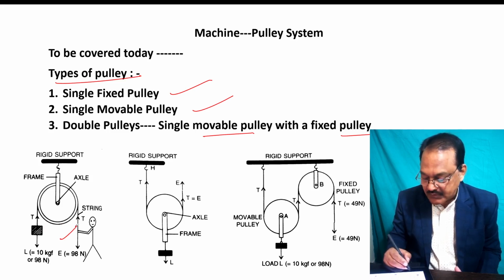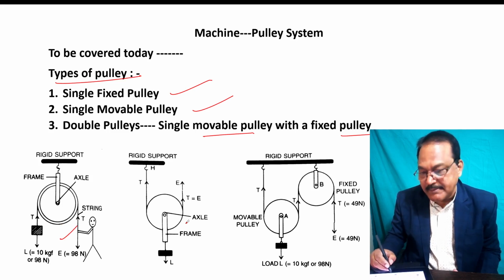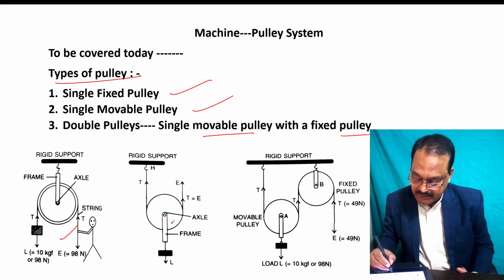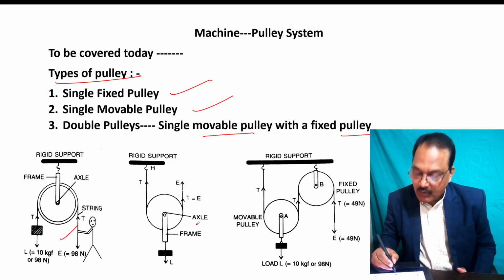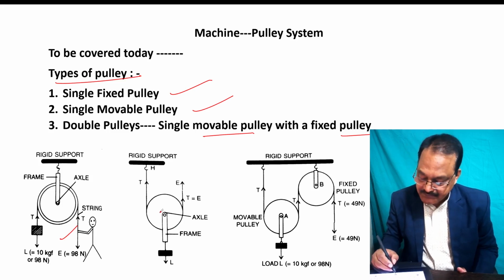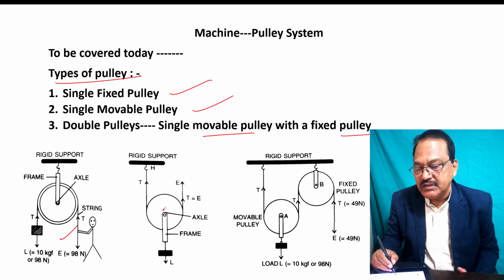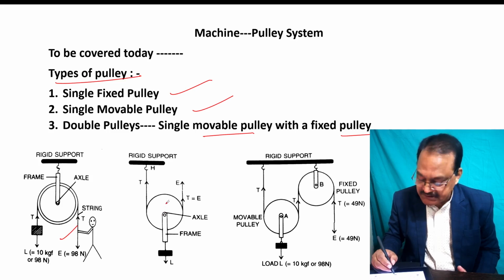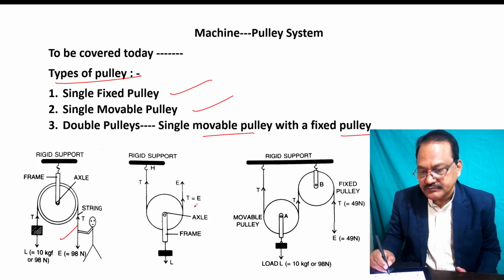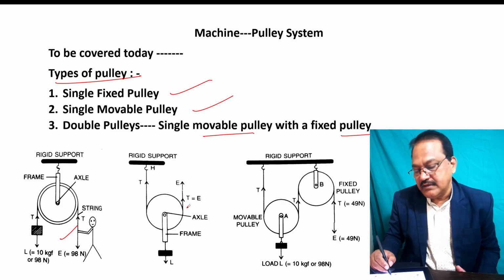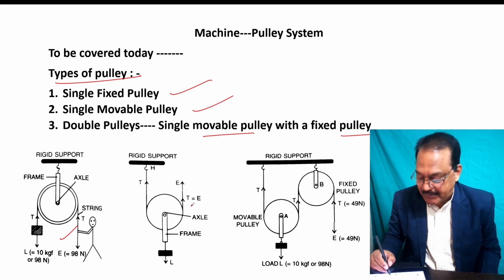In case of single movable pulley, we can see in this figure, one end is directly attached with the hook, which is fixed with the rigid support. The other end is free, where the effort is applied, and the effort is applied here in upward direction. This is the difference.